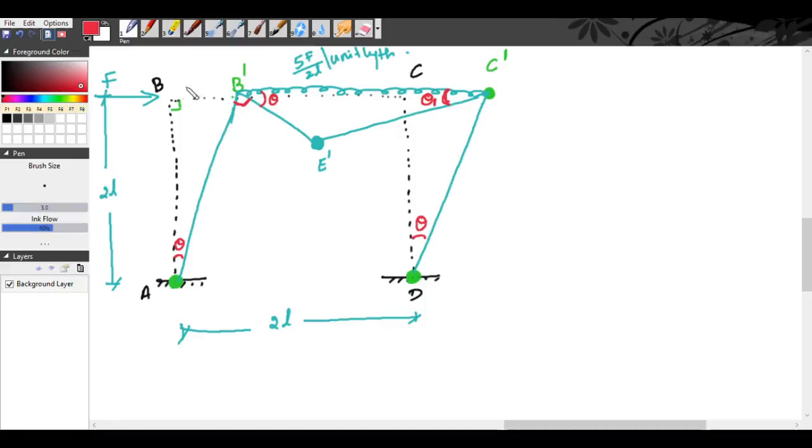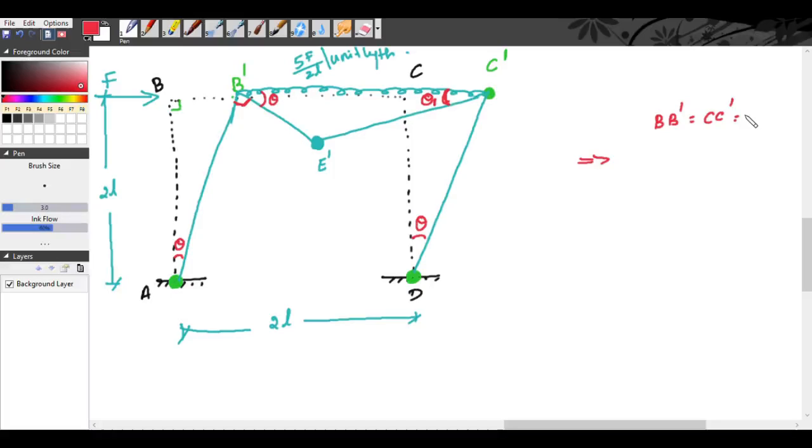Now, BB dash will be equal to CC dash. Okay. So BB dash is 2L into theta. Here also it is 2L into theta, right?